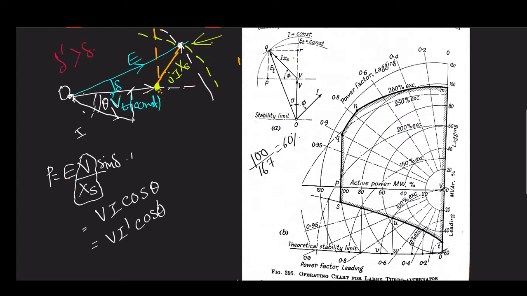Now a vertical line, that is OV, we have drawn and scaled 60% to our full load MVAR, right?